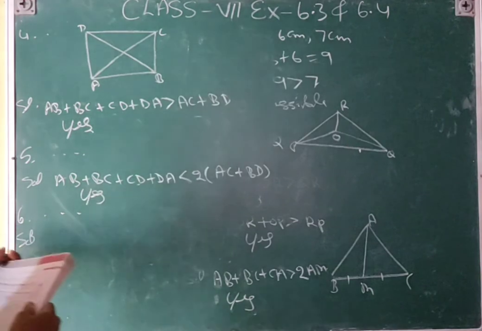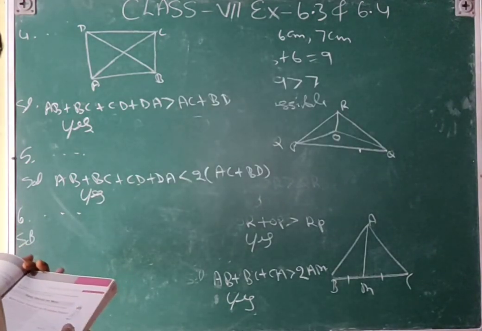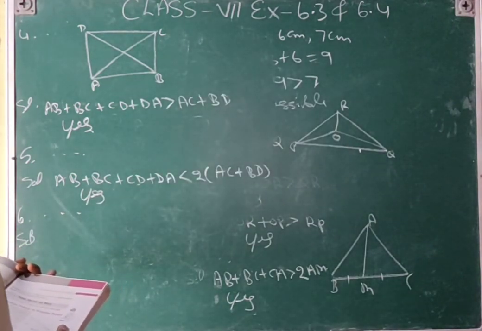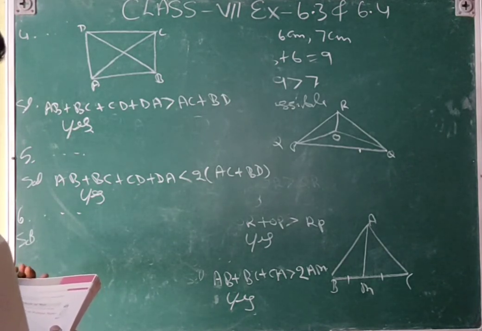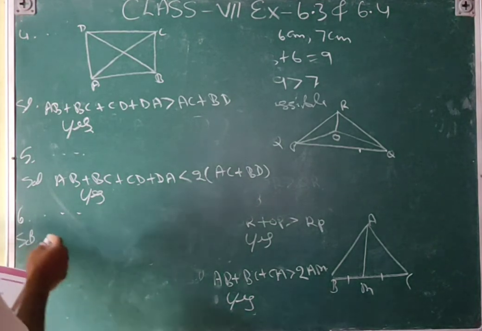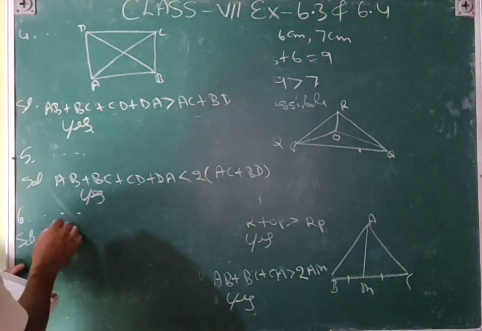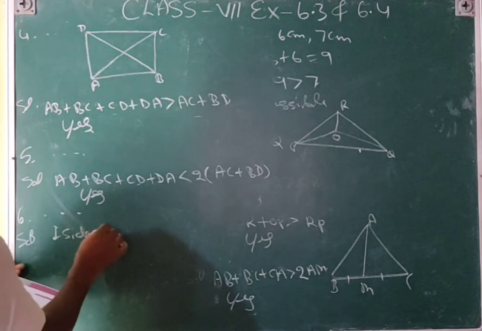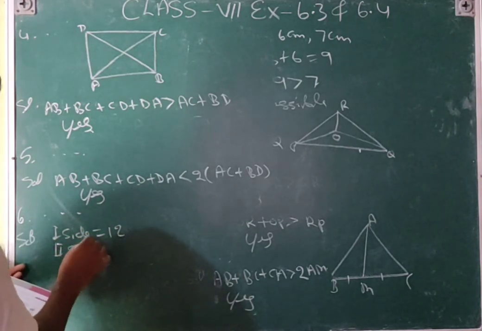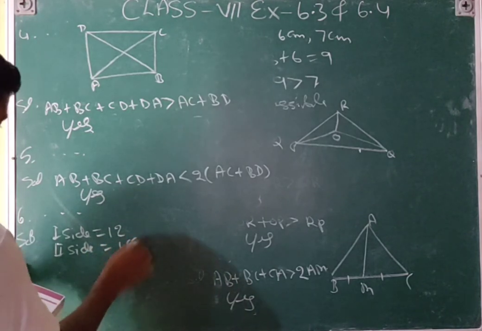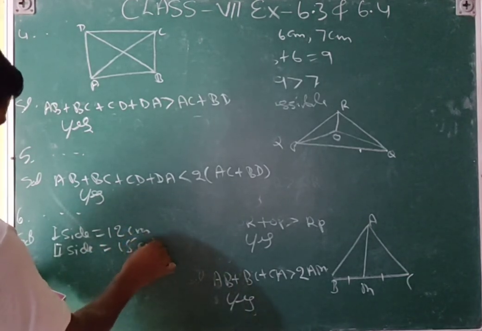Sixth question. Solution: the lengths of two sides of a triangle are 12 and 15 centimeter. Between what two numbers should the length of the third side fall? The first side is equal to 12, the second side is equal to 15 centimeter.